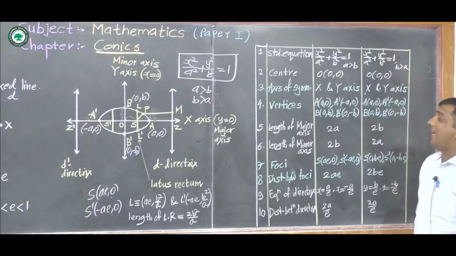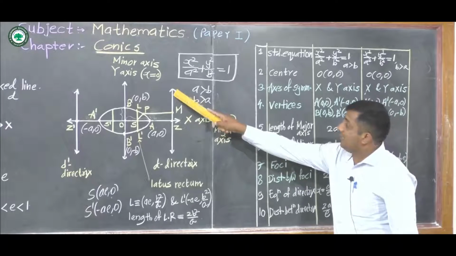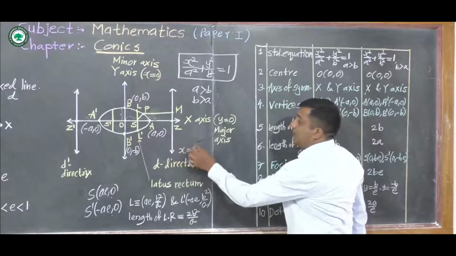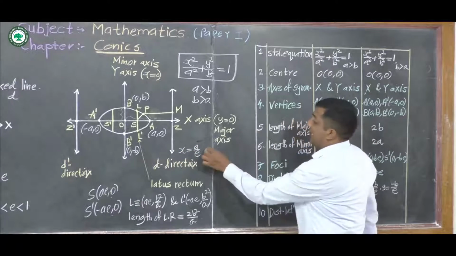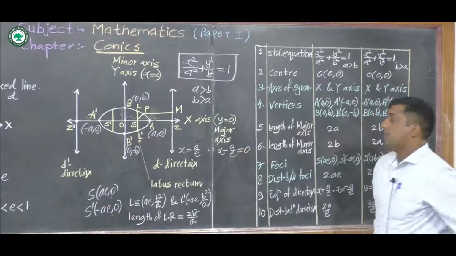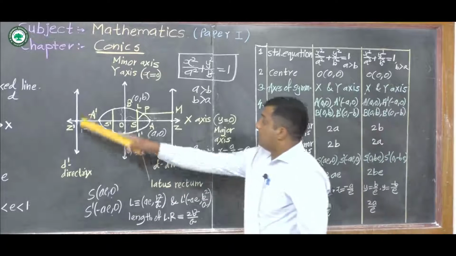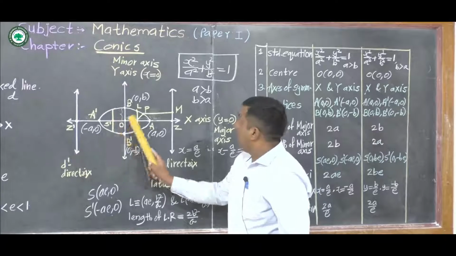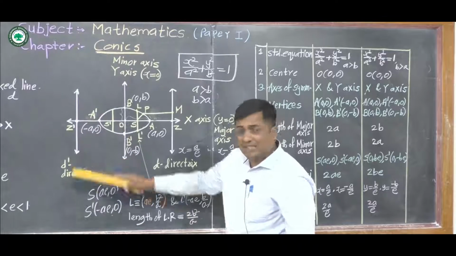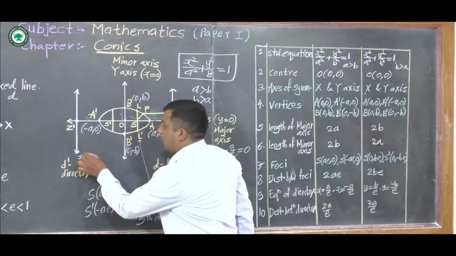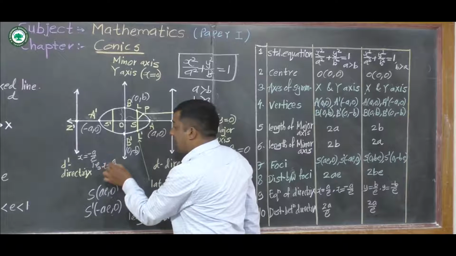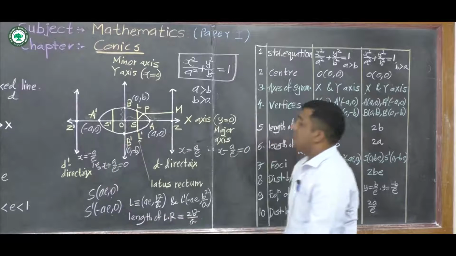Okay. Then the equation of the directrix. The equation for this directrix D is x is equal to a upon e, that is, x minus a upon e is equal to 0. Since we have two foci, we define two directrices. For D dash the equation is x is equal to minus a upon e, that is, x plus a upon e is equal to 0.